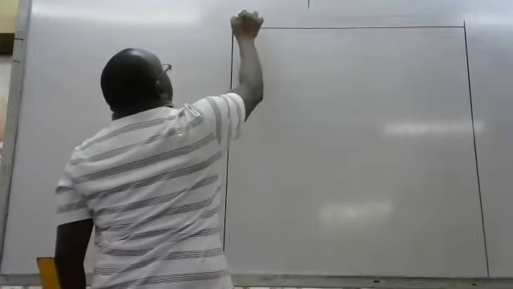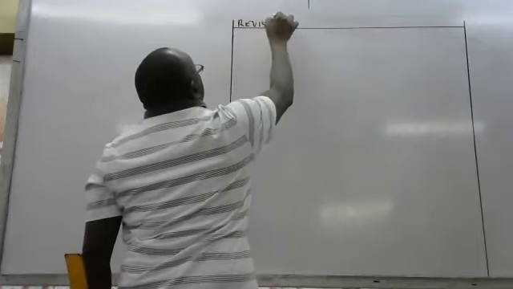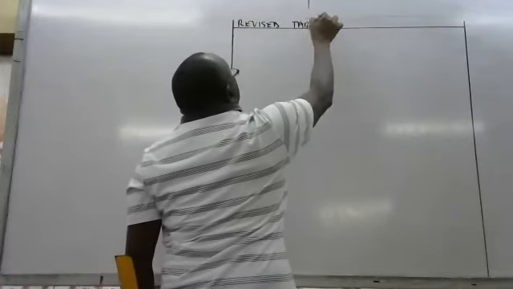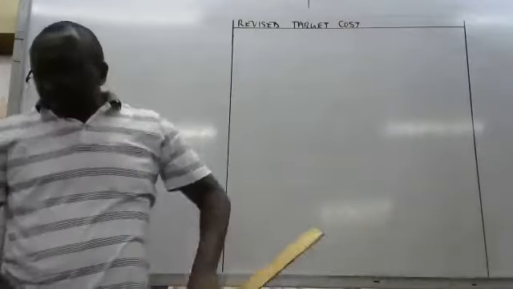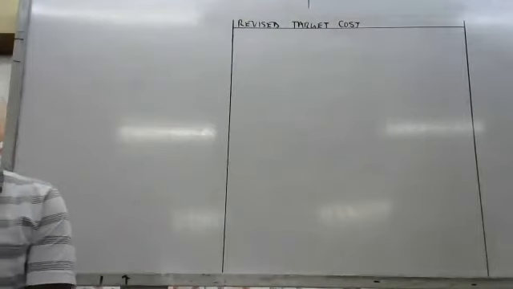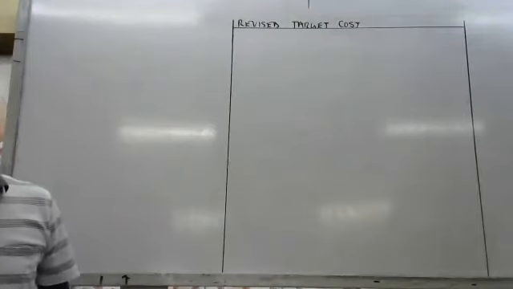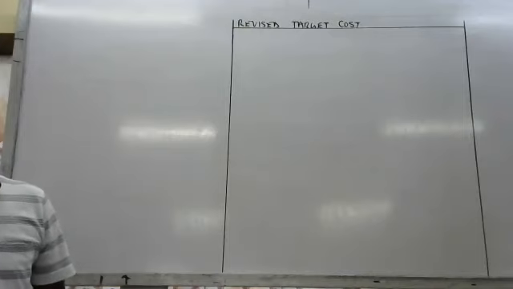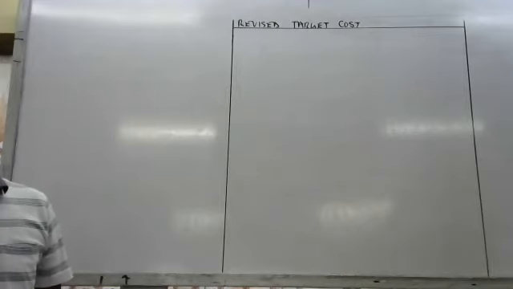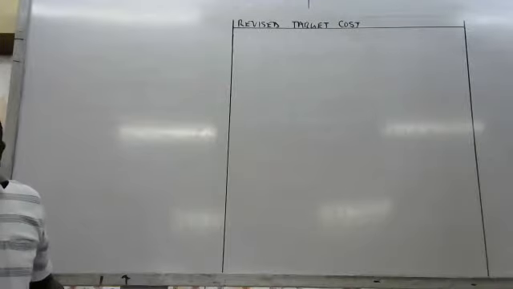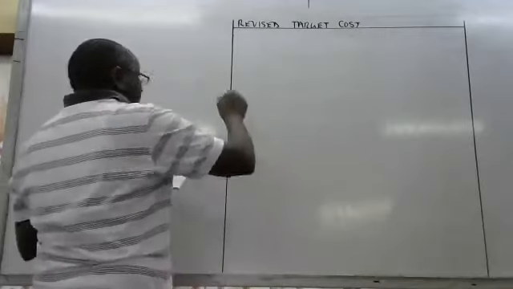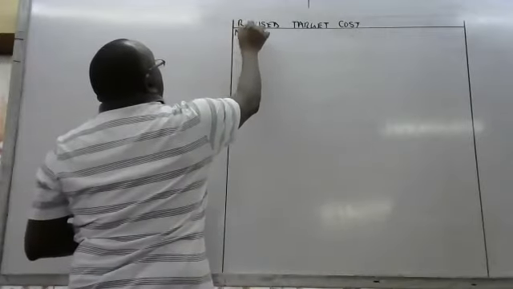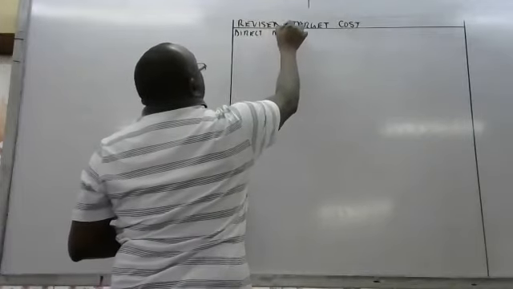So revised target costs. Number one, there is direct materials.